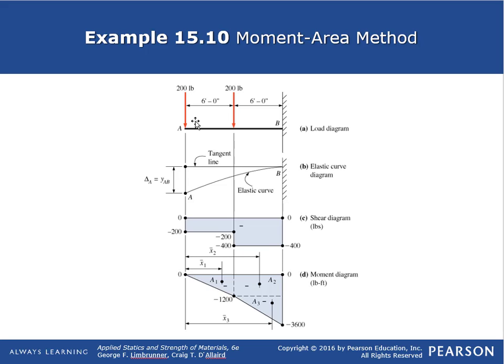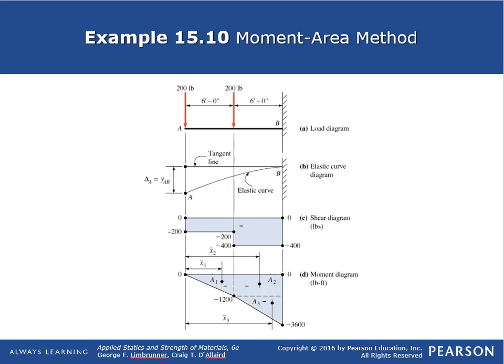If you have a distributed load, for instance, then your shear diagram is like an angle, and you've got second order parabolas for your moment diagram, in which case you're going to have to calculate areas and centroids of second order parabola shapes. So it can get cumbersome.